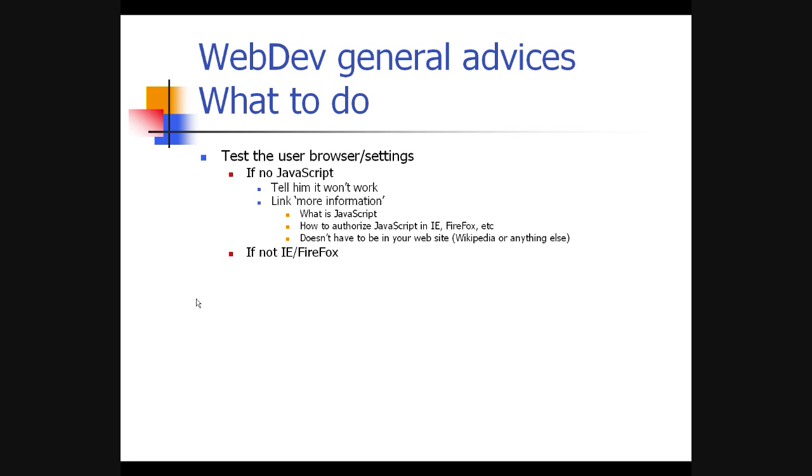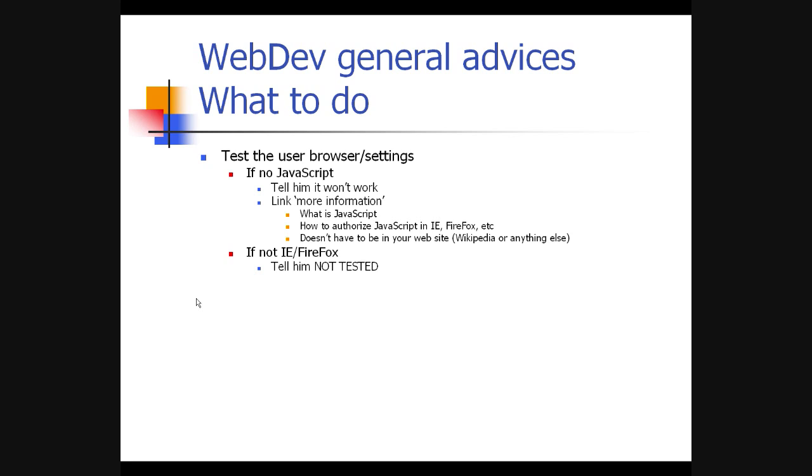Now, if it's not Internet Explorer or Firefox, and your website has been tested only for Internet Explorer and Firefox, which is probably what you'll end up doing most of the time, then if the user is using anything else, Opera, Safari, anything that was not tested, tell him that it's not tested. Don't tell him it won't work. You don't know that.